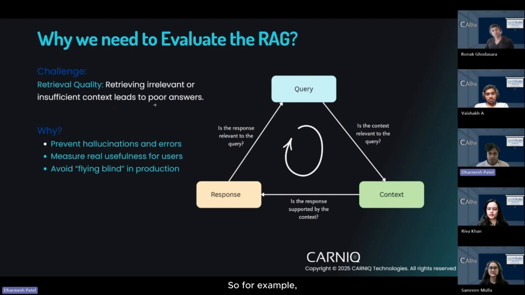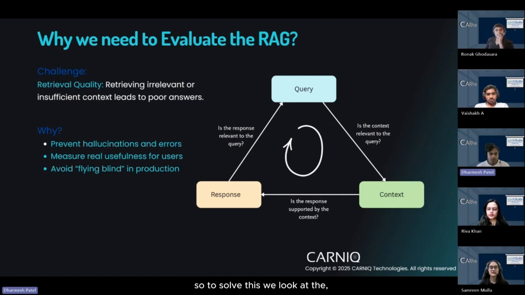For example, consider your retrieval module as a librarian. You ask the librarian a question and the librarian picks relevant books for you. In case the librarian gives you irrelevant books, or books which don't have the information you are looking for, then of course the end result, or the answer you are looking for, would not be correct, or it will be impacted.